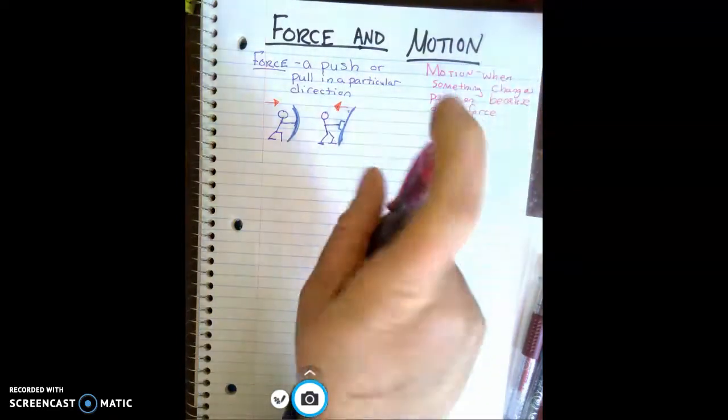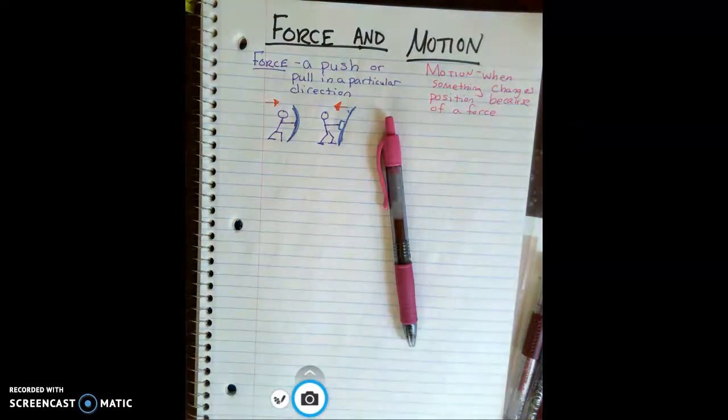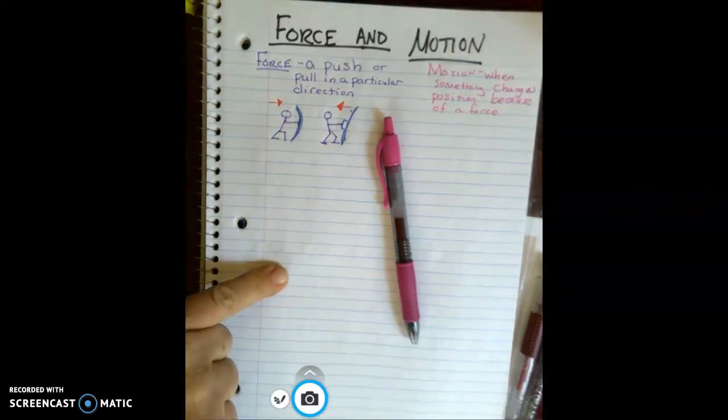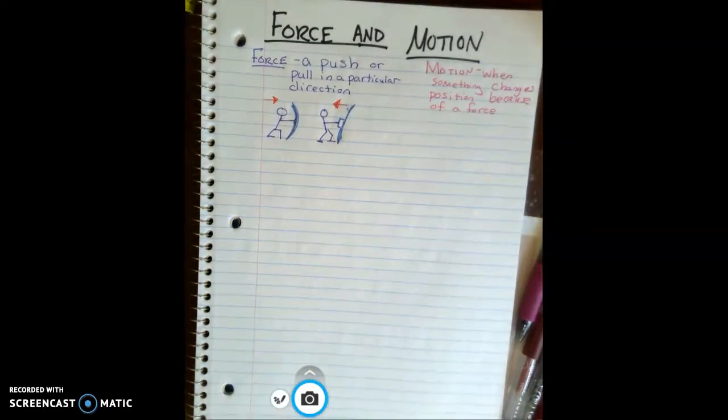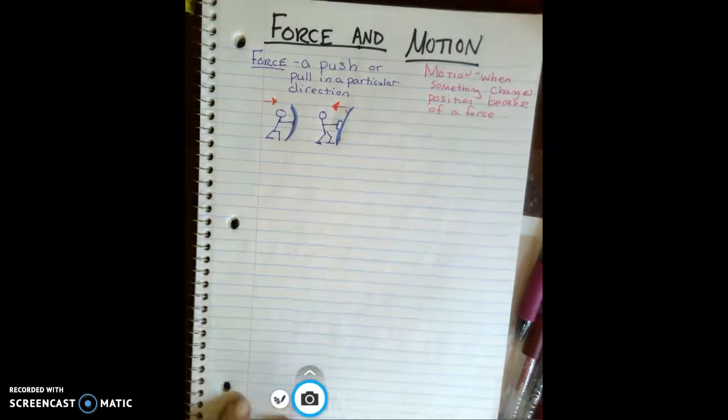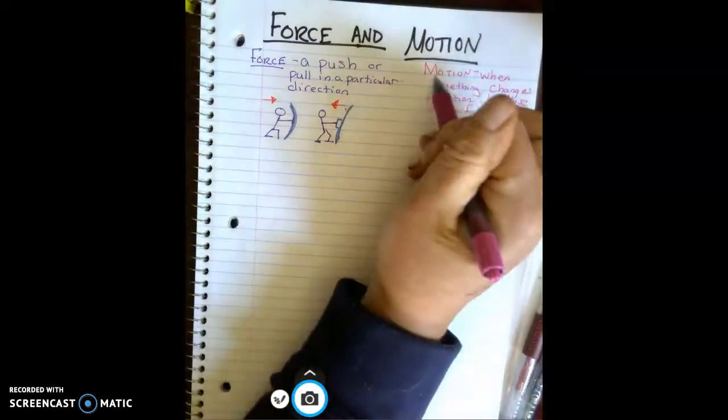Let me show you an example here. Okay, my pen. I'm going to use force to push my pen, and I put it in motion so it rolled off of my notebook. Okay, so that is our motion.